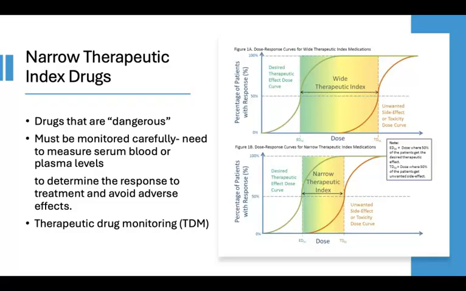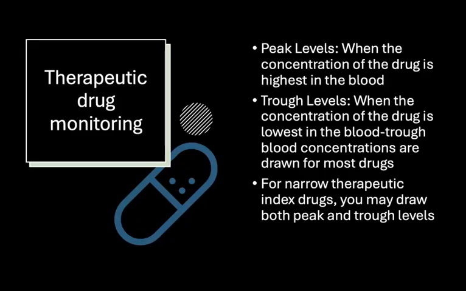And we are monitoring these medications through therapeutic drug monitoring. When we're doing therapeutic drug monitoring, we're looking for a specific range. The peak level is how much of the concentration of the drug is highest in the blood.